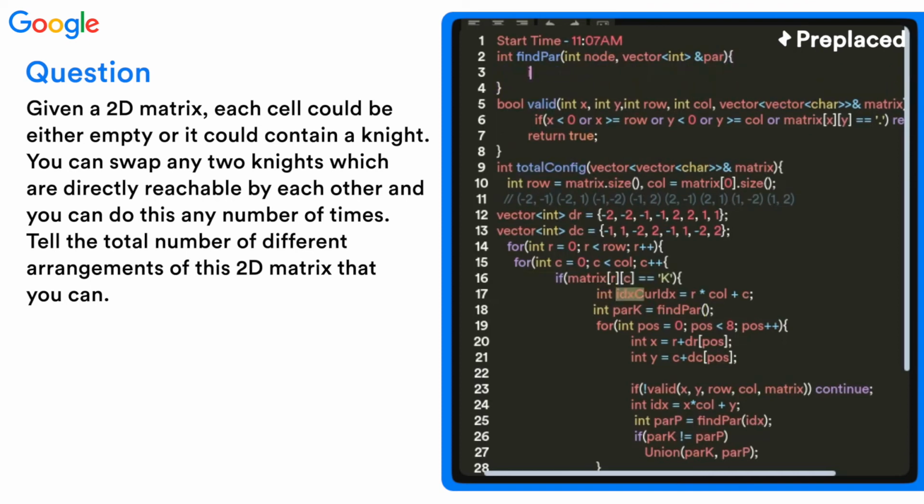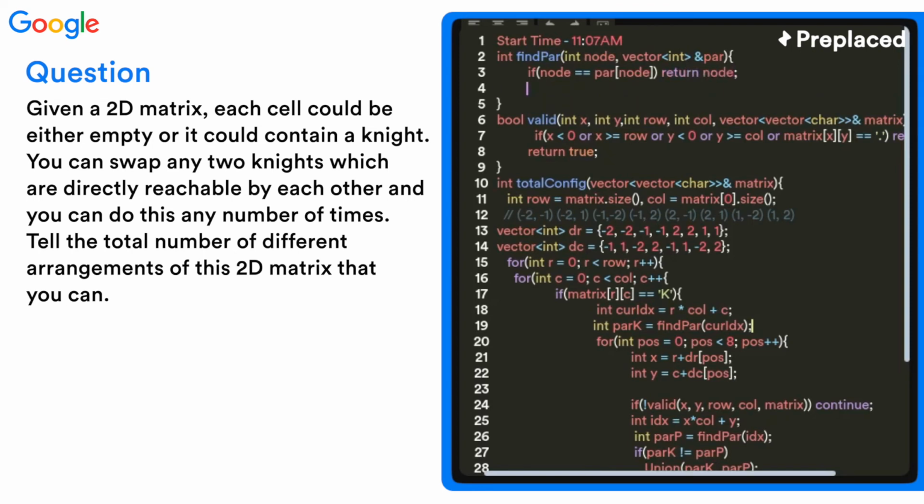If my node was equal to the parent, that is, if the node was the parent of itself, I can just return this node. Else, I can just find the parent recursively, so it will be find parent of parent of node, comma parent. So this will give me the parent of both the position xy and this thing, and I can do the union. Now tell me the union code, please.